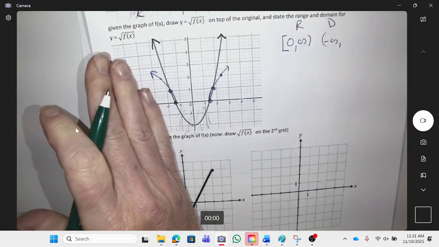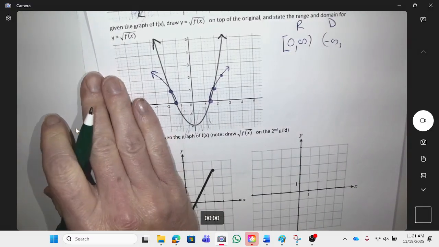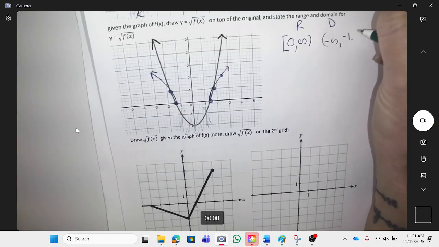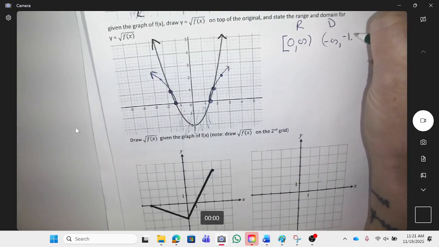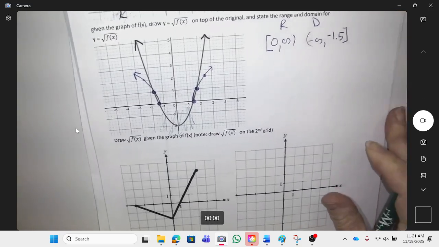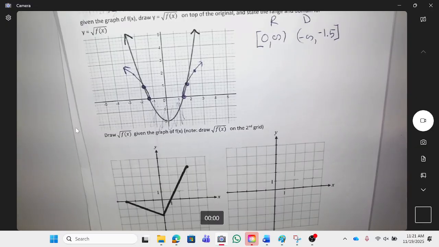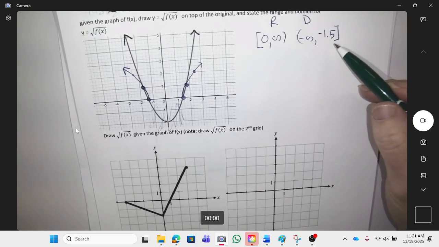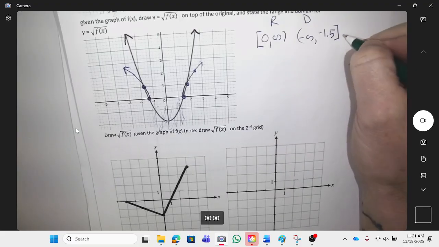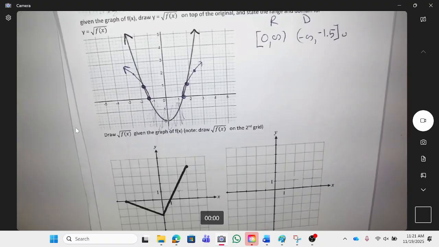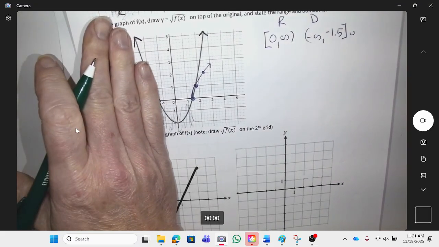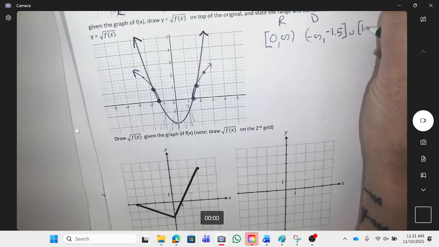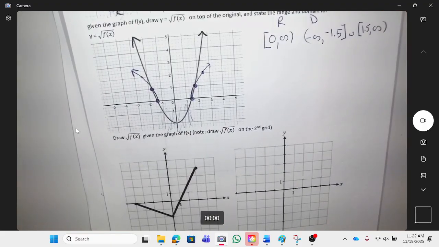And I will travel till I hit, oh, I didn't do a very good one here, -1 point, I don't know what it is exactly, but sorry, I'm just going to pick a number. Normally it would be a nice pretty number. Okay, and what it hits, I know it's not that number, but what it hits will be an exact square. Union. Where do we start up again? So we stopped, couldn't, and then we could start again at +1.5 and then go to infinity.